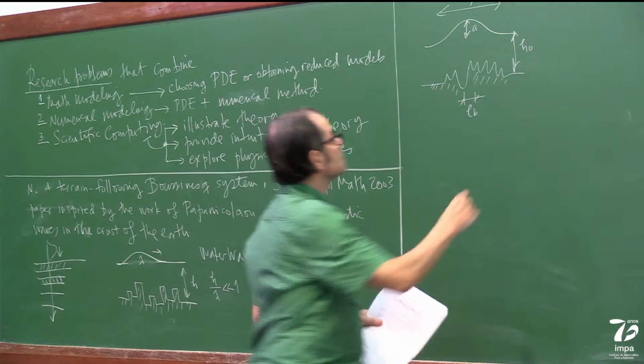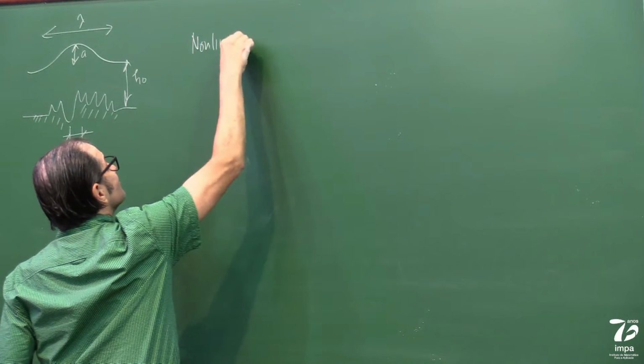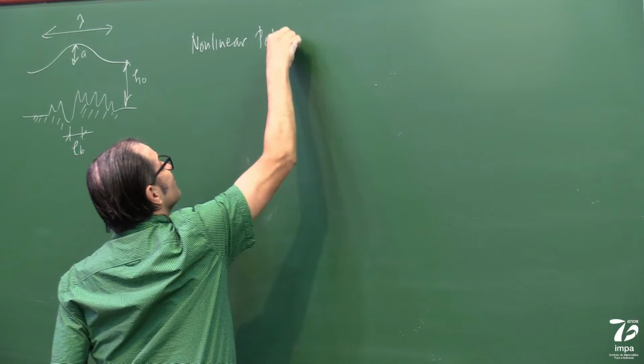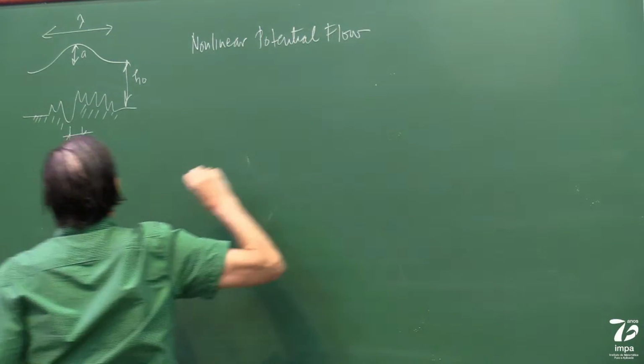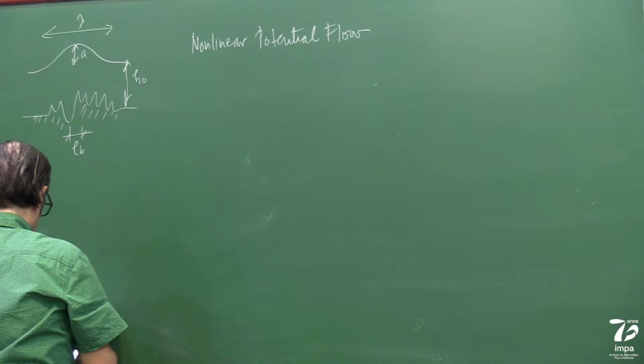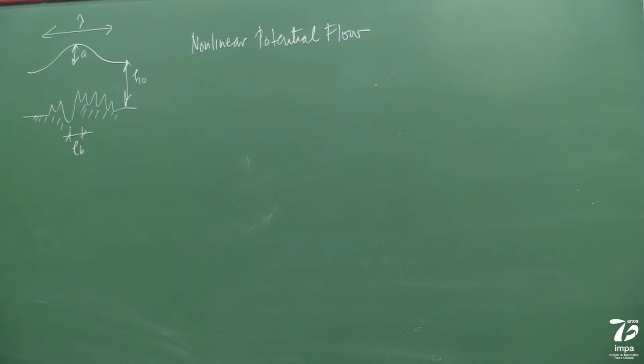And this is what we call nonlinear potential flow. And we solve the problem like this. Let me go back because here I have the, and like this, so I'm going to get confused with so many things in my hand.